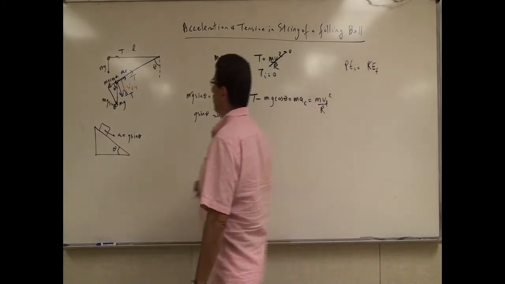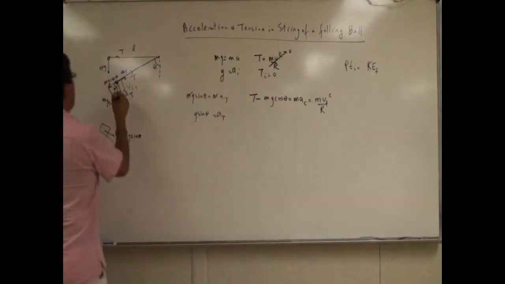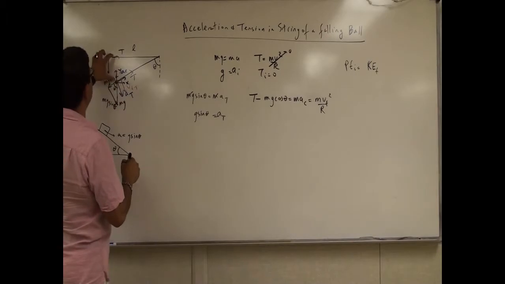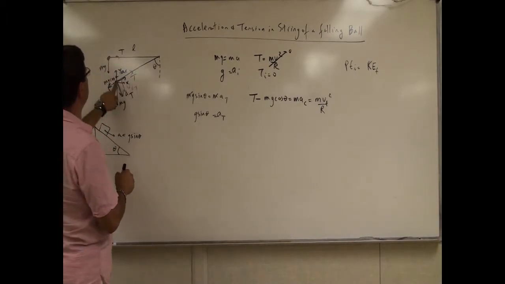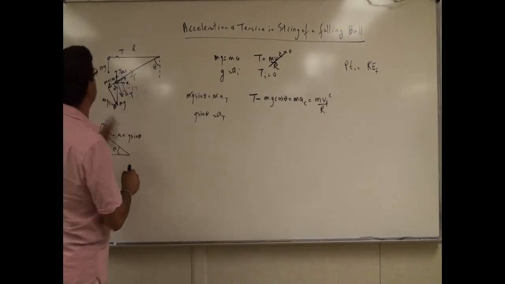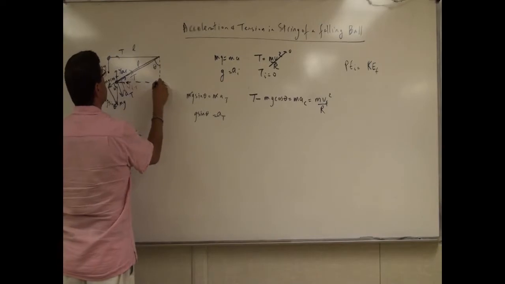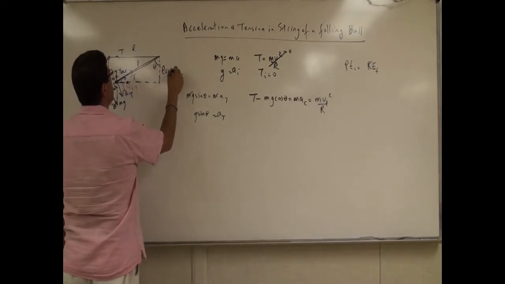So what is the initial potential energy? At any point, I can put my xy axis here at the bottom, at the location of the object, and ask how far up the object is with respect to where its location is here. What is this distance? If this is the length of the string, this distance here is going to be L cosine of theta.